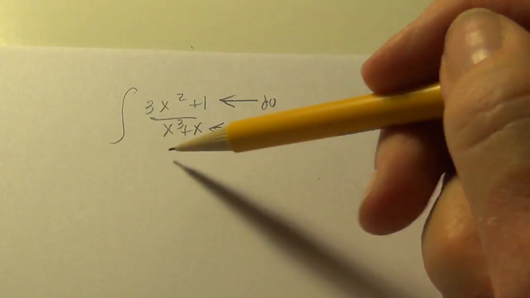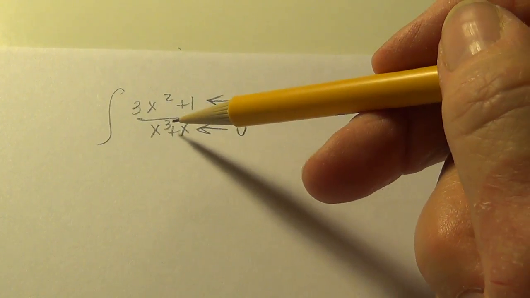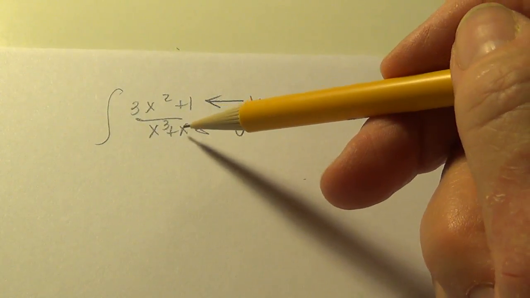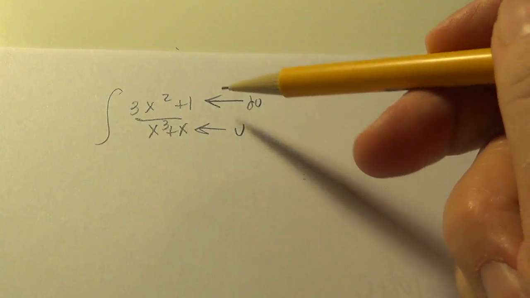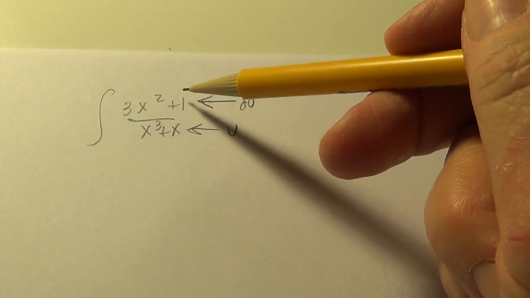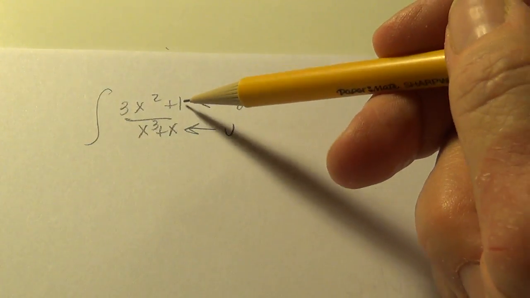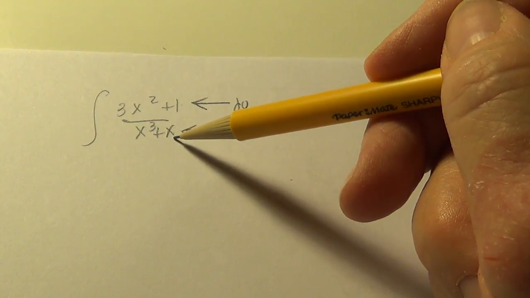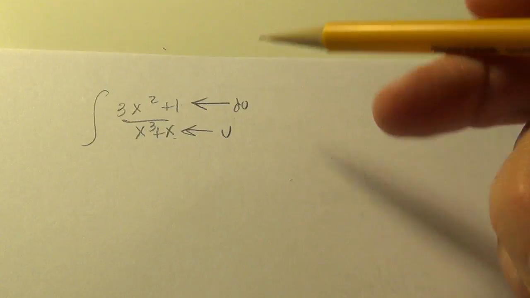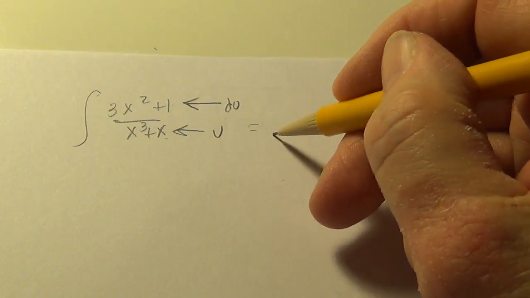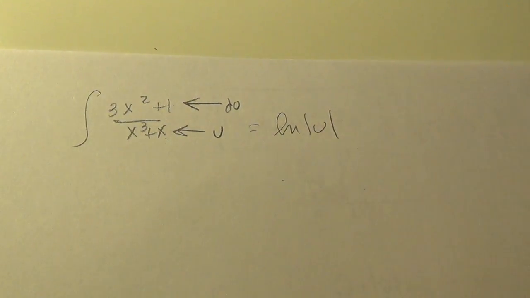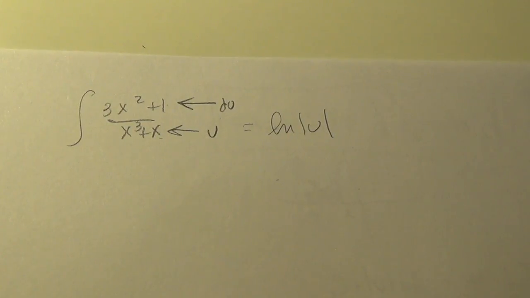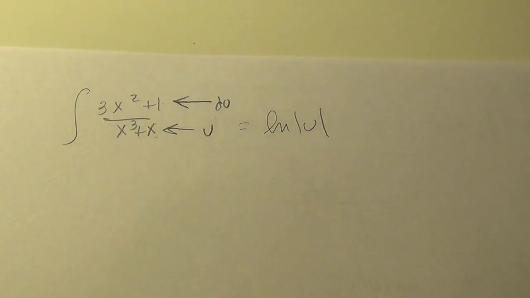Look at the expression on the bottom and notice it would be 3x squared plus 1 to be the derivative. So whenever you have an expression behind an integral with its derivative above, the expression on the bottom and its derivative on the top, you're going to end up with this ln situation. So always be on the lookout for that.